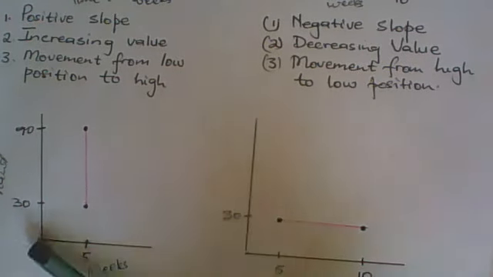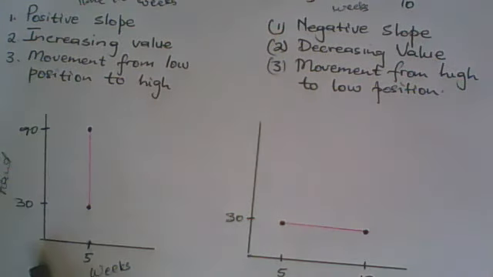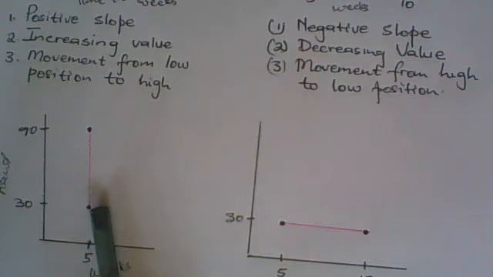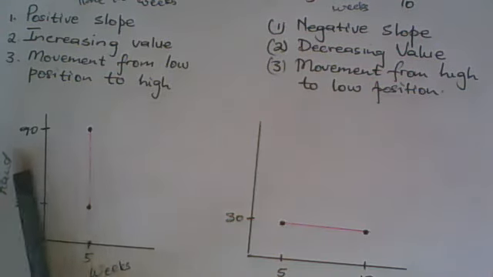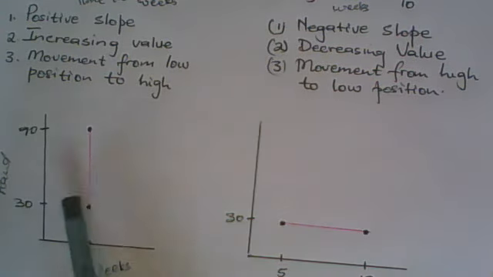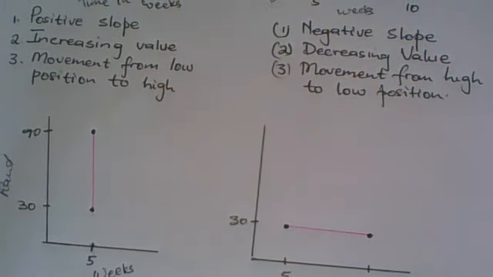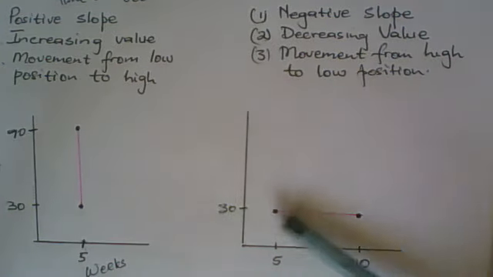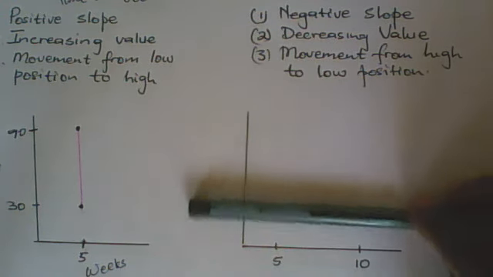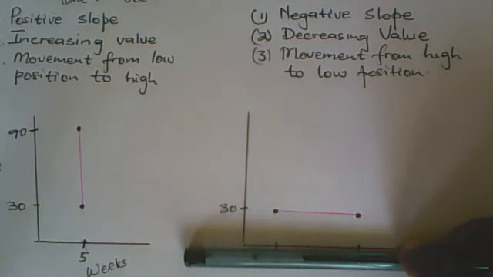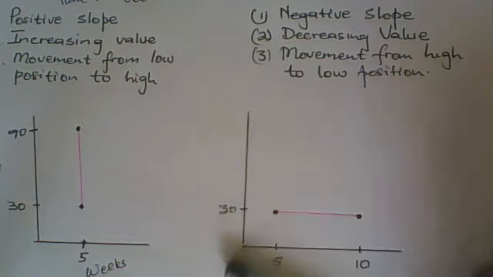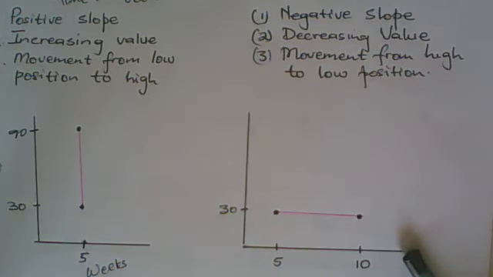This is the y and this is the x. The vertical axis is called the y-axis. So if it's parallel to that, it's going to look like this. This is a vertical slope, and then here we have a horizontal slope because it is parallel to the x-axis.